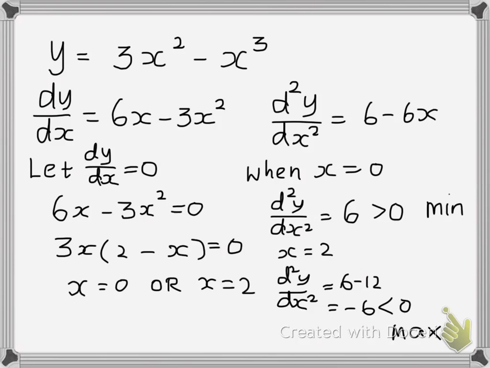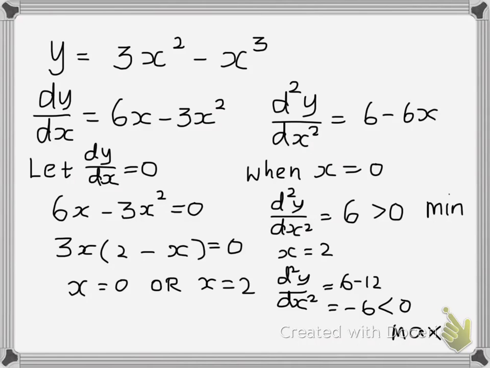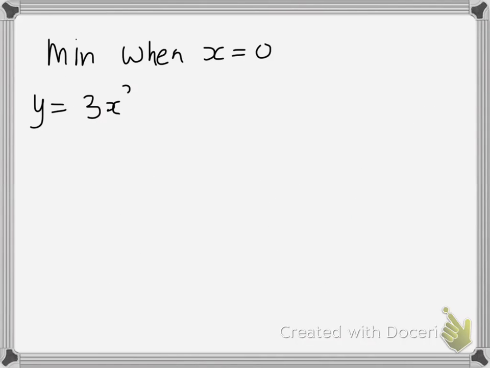Just to continue from here, what are the coordinates of these stationary points? For the minimum, when x equals 0, the function is y equals 3x squared minus x cubed, so when x equals 0, y equals 0.